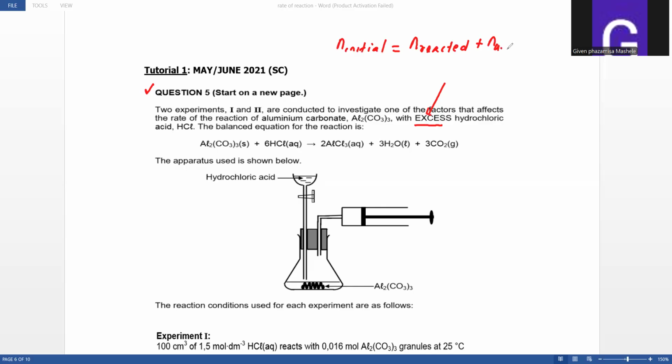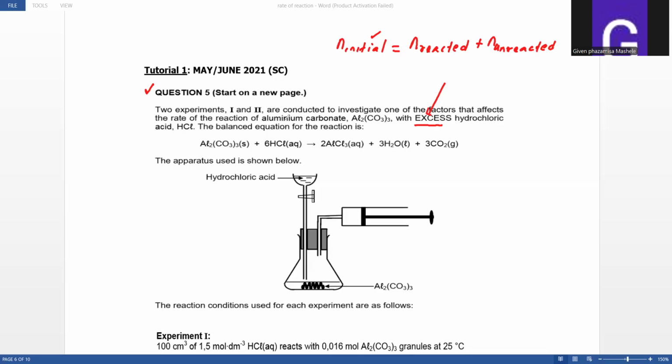So it is the unreacted. Not all of its moles will be used completely, others will remain. And if hydrochloric acid is in excess, whatever it is reacting with will be regarded as the limiting reactant. It will be the substance that will be used up completely in the reaction.